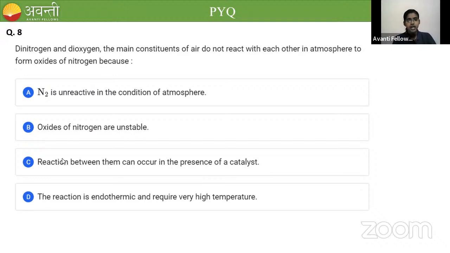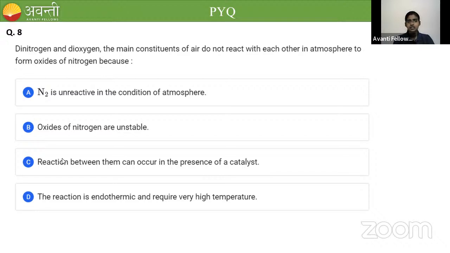They do not react with each other. Why? Nitrogen is unreactive in the conditions of the atmosphere, they are saying. Nitrogen is unreactive only at normal temperature, but it can react at very high temperature. In the atmosphere we can increase and decrease the temperature, right?